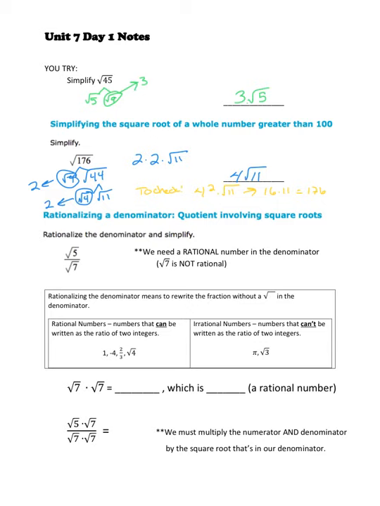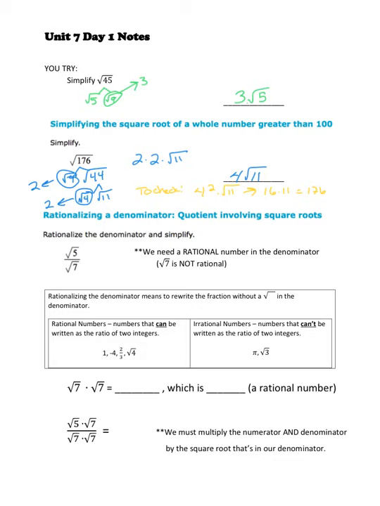Alrighty, now we're going to rationalize a denominator. Now, why do we say rationalize? It's because a square root is not rational unless it is a perfect number. If you put the square root of 3 into your calculator, it goes on forever. The square root of 5, the square root of 7.